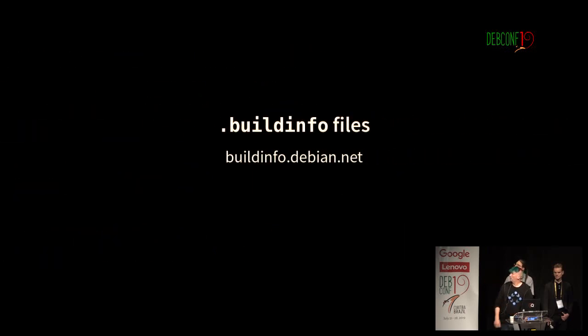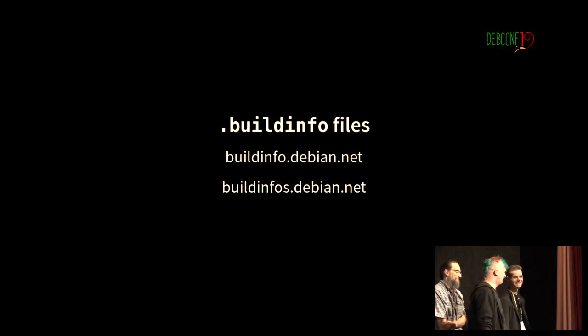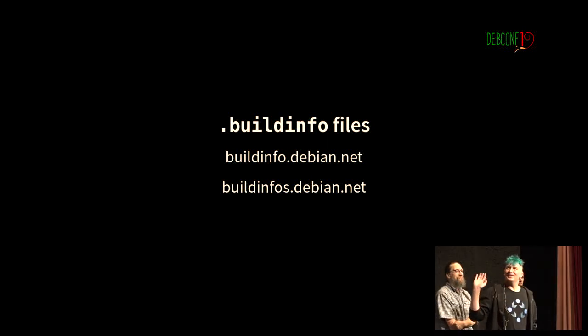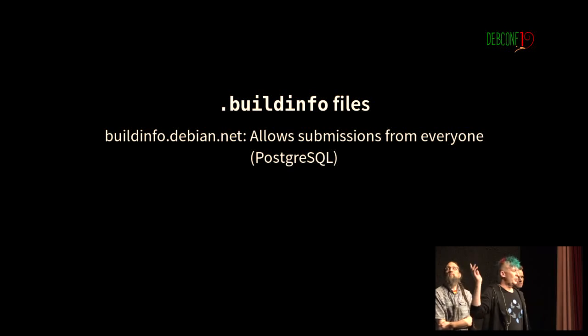And then we have build info files on buildinfo.debian.net, which is the service Chris wrote. And then I wrote buildinfos.debian.net because things are not complicated enough. These two services have different properties, and one important distinction is that buildinfo.debian.net allows submissions from everyone.